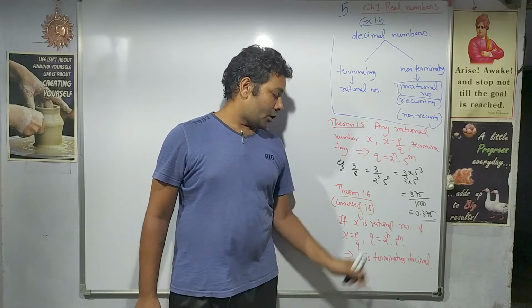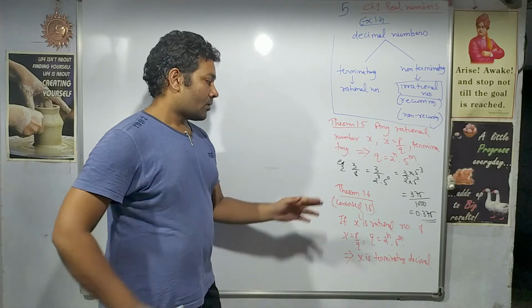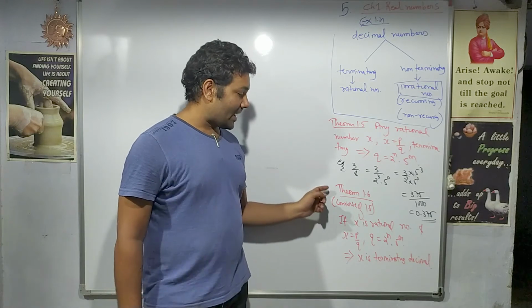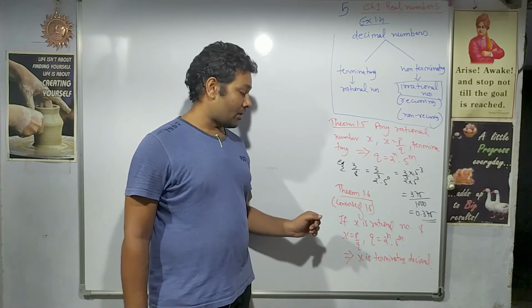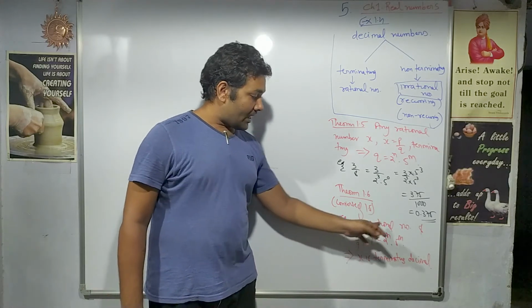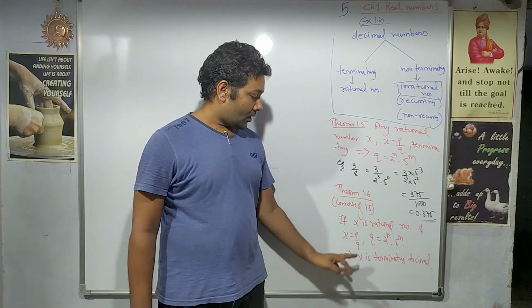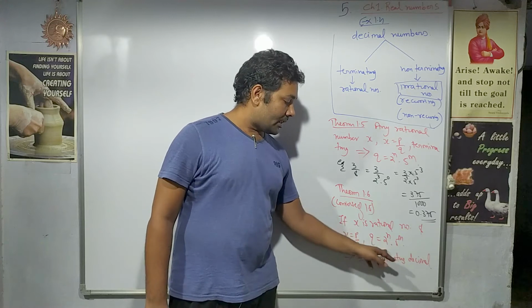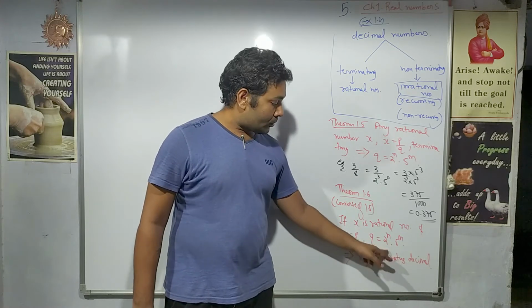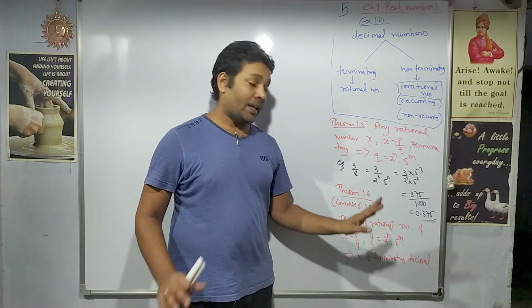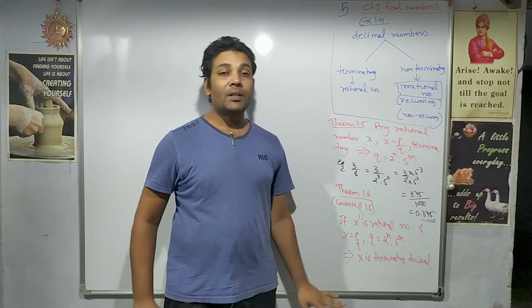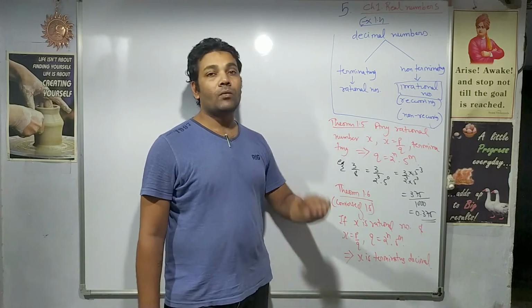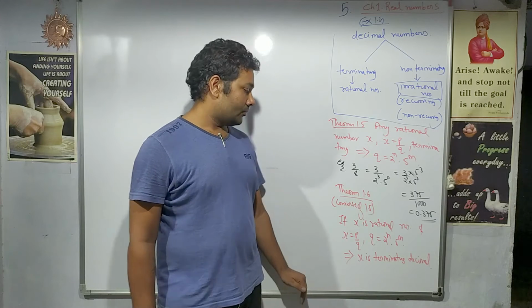That is, if x is a rational number of the form p by q, and q is in the format 2 to the power n, 5 to the power m, then for sure x will be a terminating decimal, exactly opposite of 1.5.